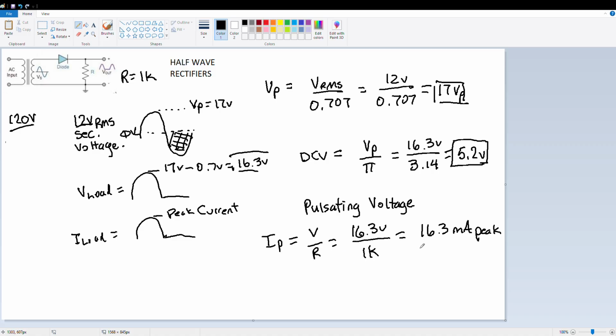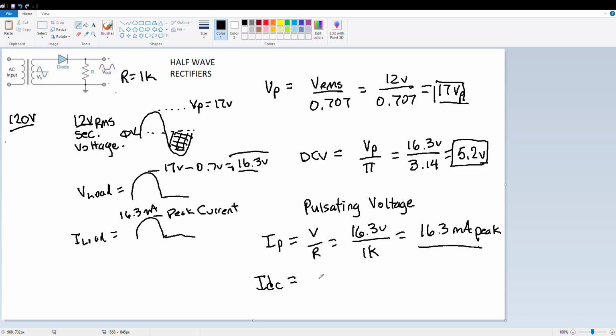Now, that is the peak current right here, 16.3 milliamps. And sometimes that quantity is needed. Our DC current, I DC, is going to be our average.